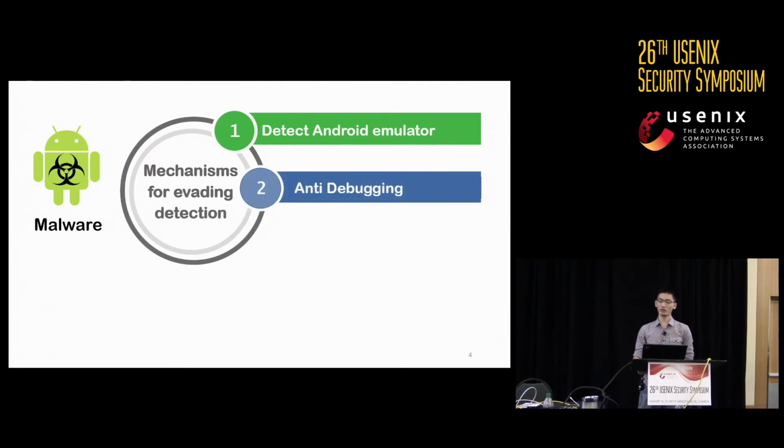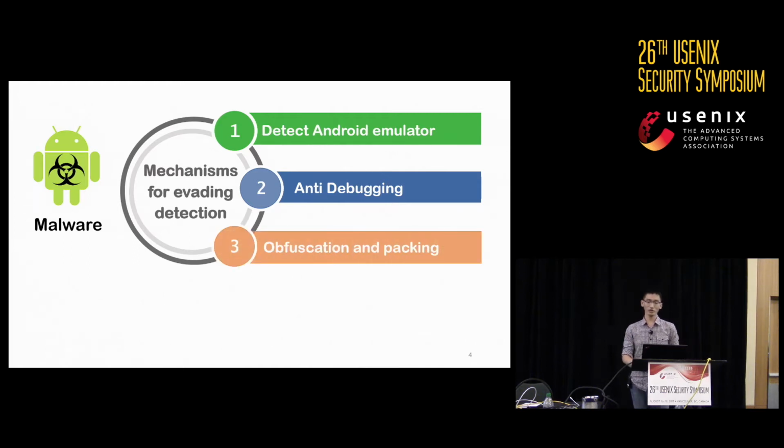Second, malware can also protect themselves from being debugged. For example, some malware will inject themselves by invoking the function ptrace, because a process can only be injected once. So when the malware has been injected by itself, then the debugging tools depending on ptrace cannot inject the target app for debugging.